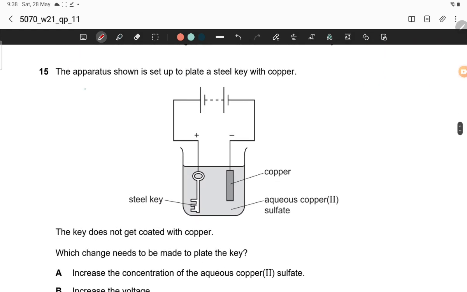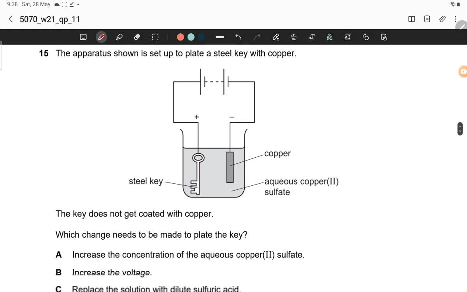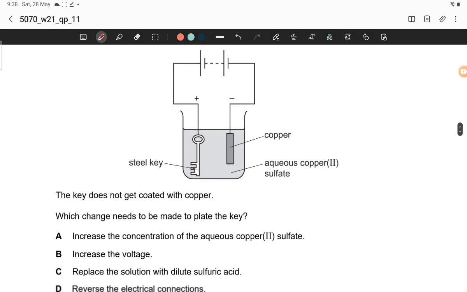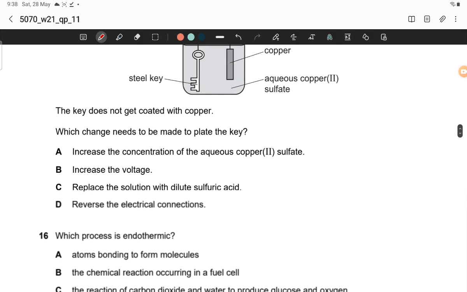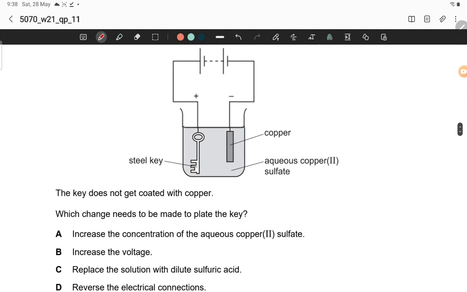Question number 15. The apparatus shown is set up to plate a steel key with copper. The key does not get coated with copper. Which change needs to be made to plate the key? This is negative, this is positive.